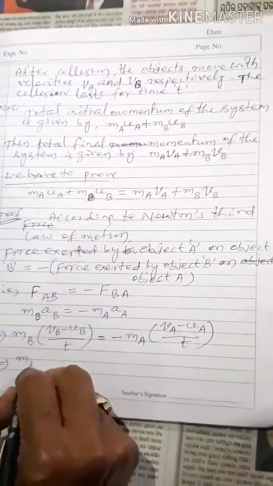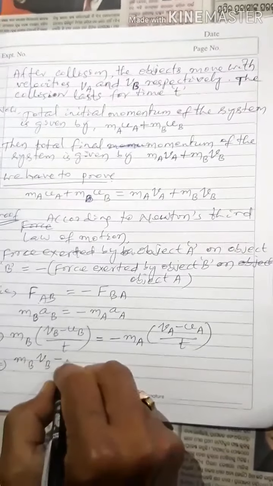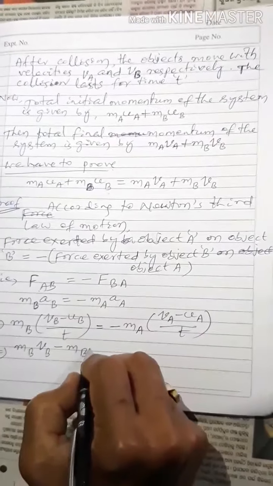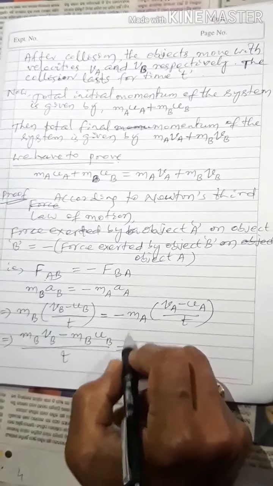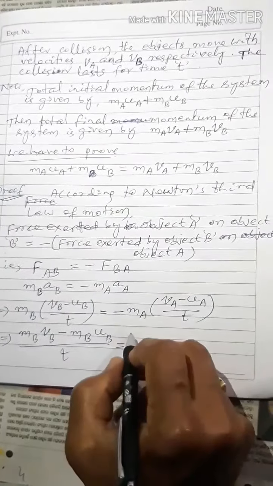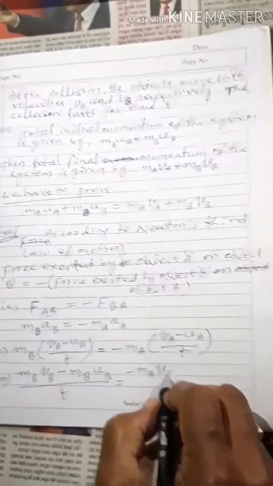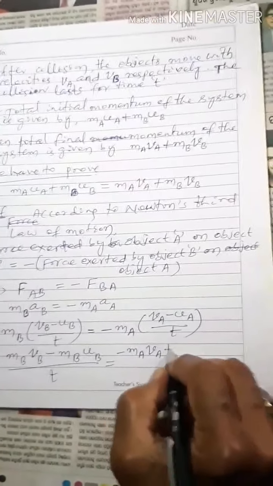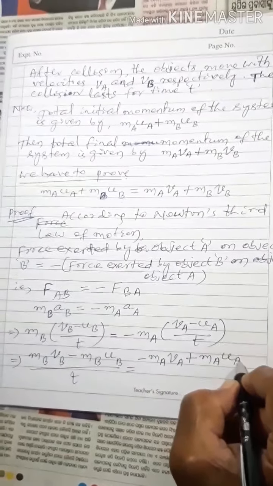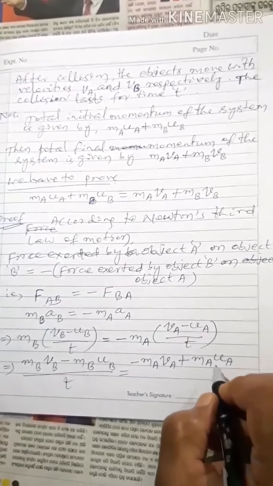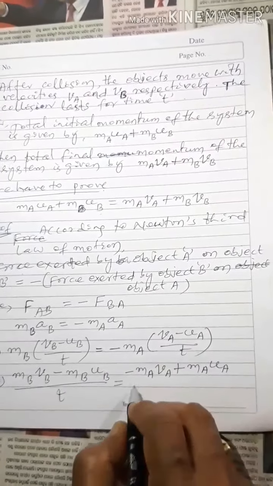Now MB into VB minus MB into UB by t is equal to negative of negative, that is minus MA into VA, so minus and minus become plus, so plus MA into UA by t.